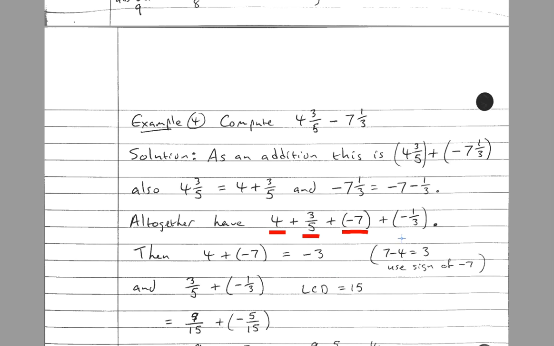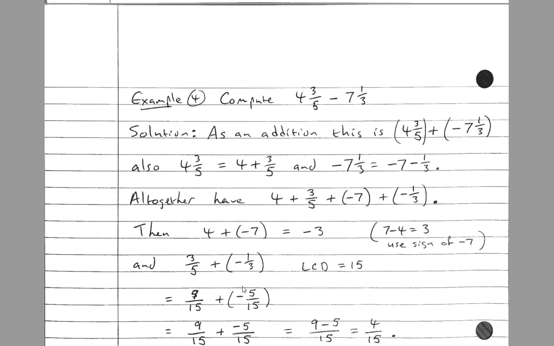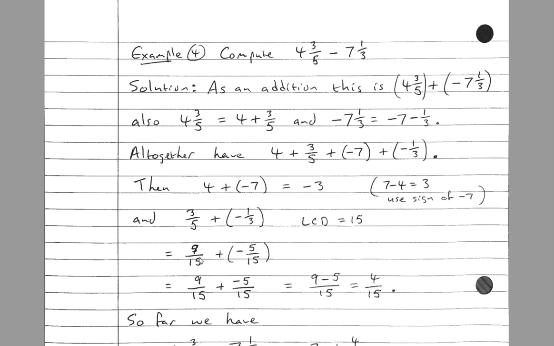Next, add the fraction pieces. So we have 3/5 plus negative 1/3. The LCD is 15 here, so put everything over 15. That's 9 over 15 plus negative 5 over 15. Okay, and then this whole thing is negative. I'm writing the top numbers in negative.